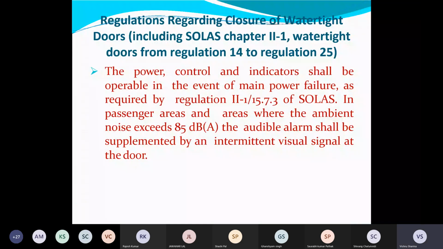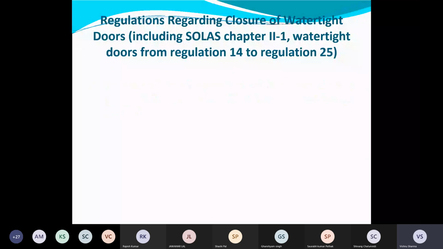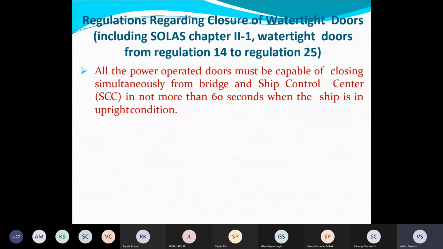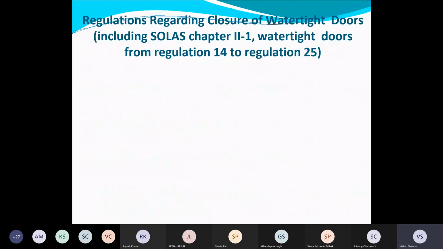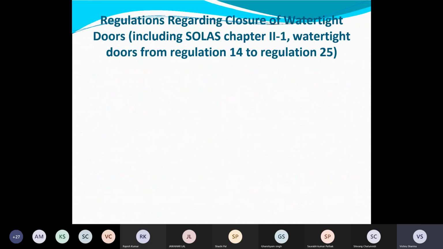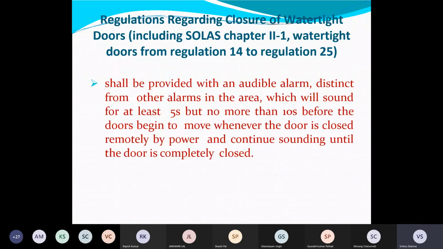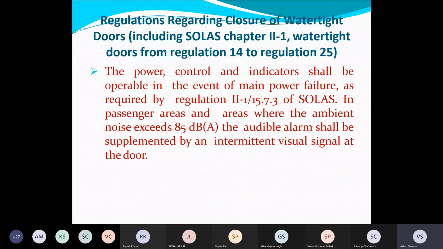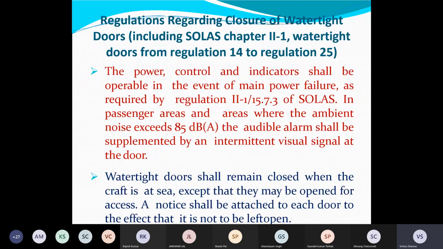Beta, these 16 regulations that we have just done have come up in your exams many times. What are the requirements of power operated watertight doors? So basically these regulations that we have covered are the answer to that question, and if you go through past papers you will find this question has repeated multiple times, because they want to test whether you know the SOLAS regulations about the operation of the watertight doors or not.